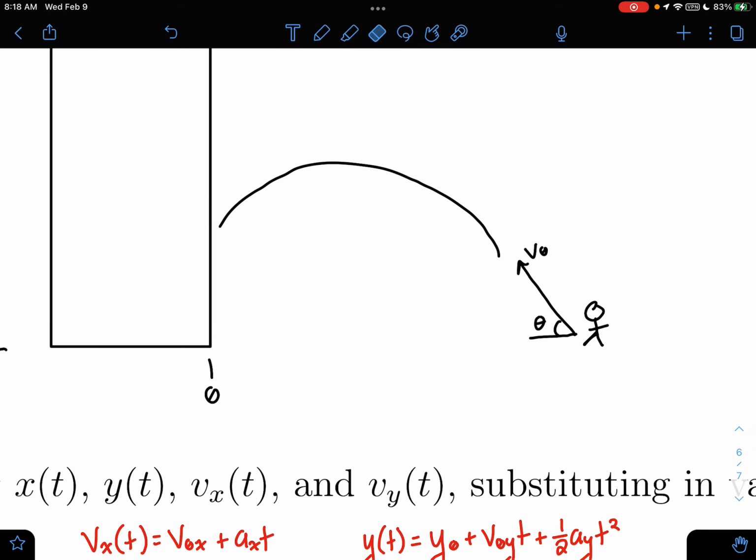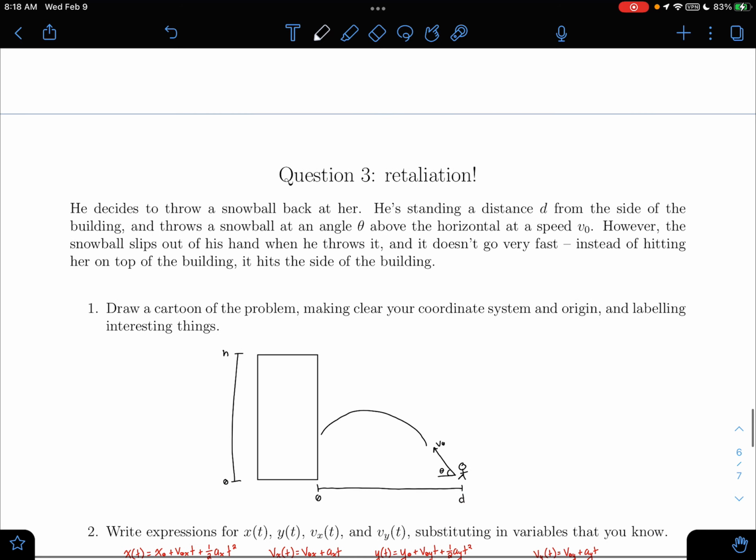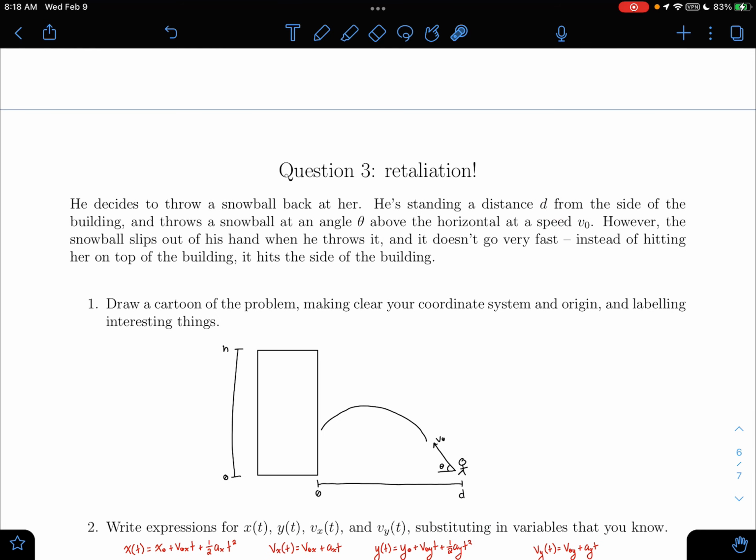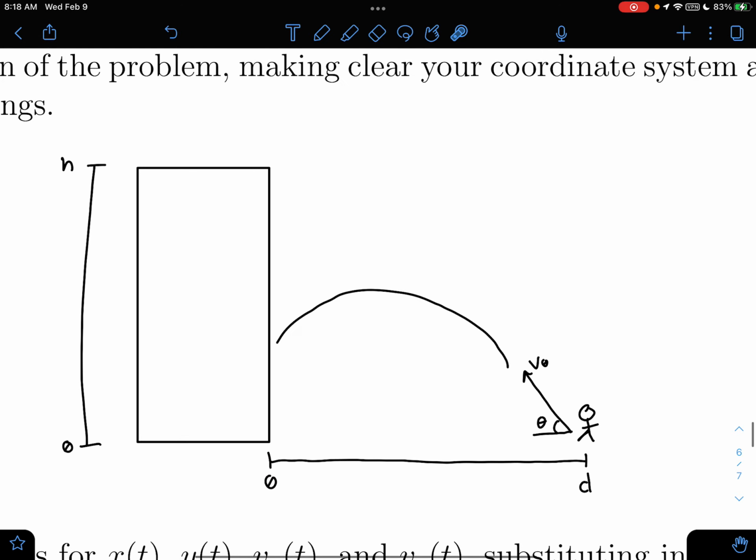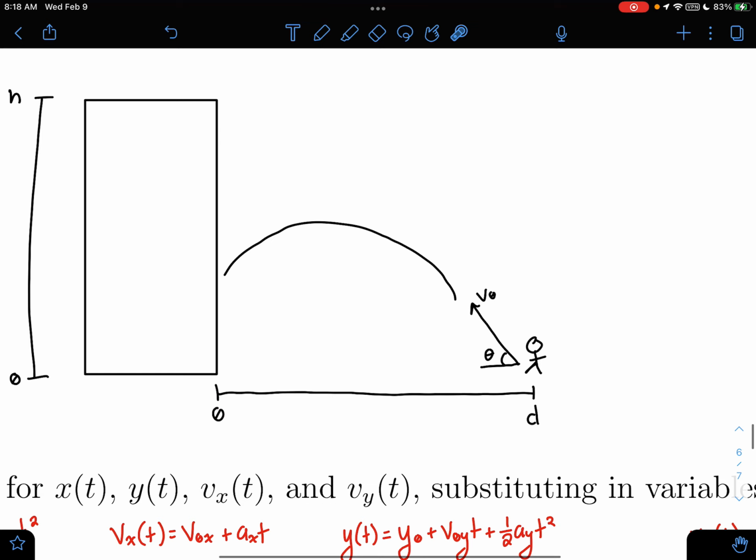And now we know our x. We're going to be a distance d away from the building. I'm going to keep my coordinates the same: this is still my 0, this is still my h, this is still my 0, and this is still my d.